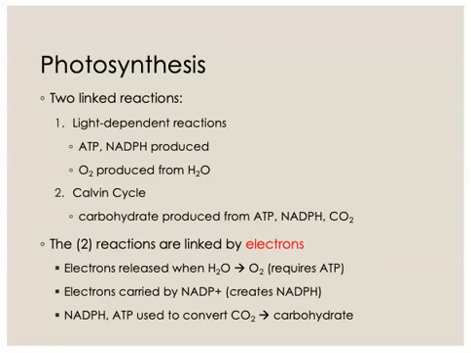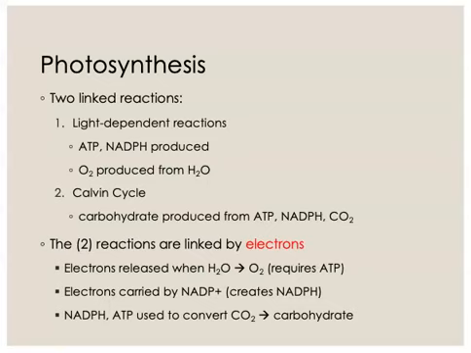Along the way, oxygen will be produced from water. During the Calvin cycle, carbohydrate will be produced using the products of the light-dependent reactions, ATP and NADPH, as well as carbon dioxide gas.